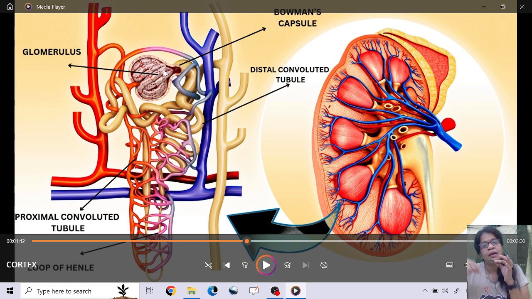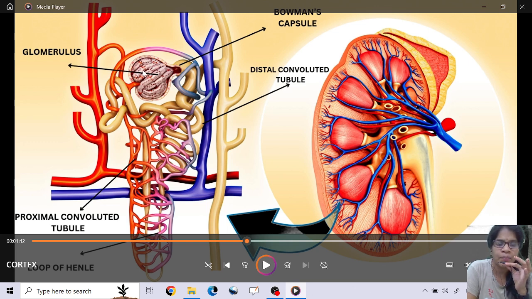The pressure generated in the glomerulus will release the fluid from the glomerular blood capillaries into the lumen of your Bowman's capsule. So this is your Bowman's capsule. The surrounding area of this glomerulus is called the Bowman's capsule. This capsule has a lumen with fluid in it.